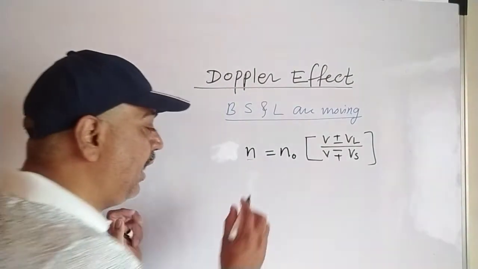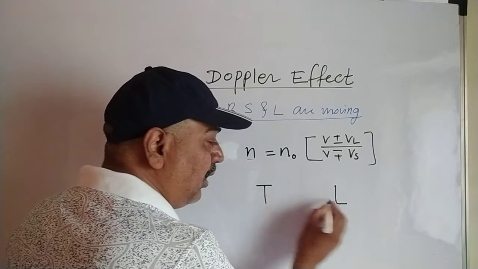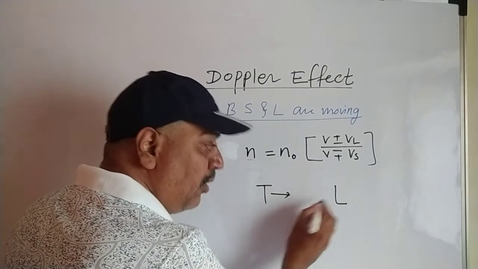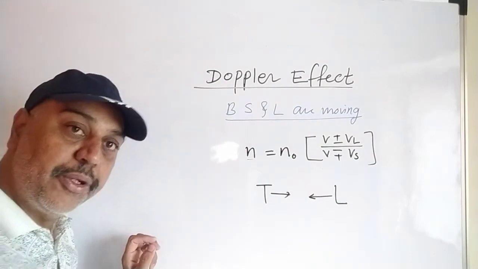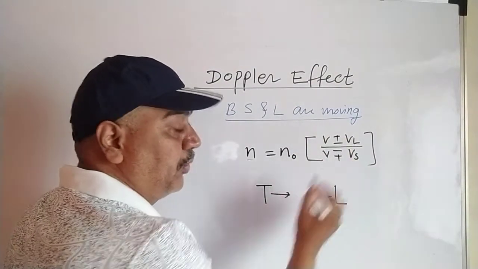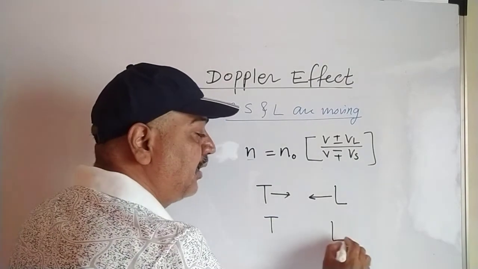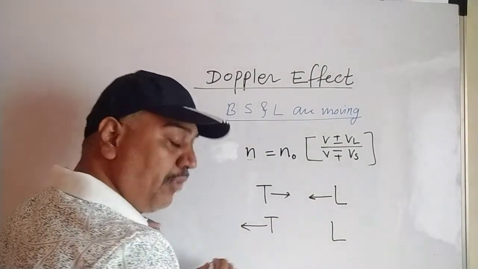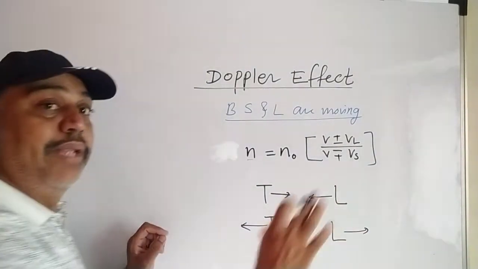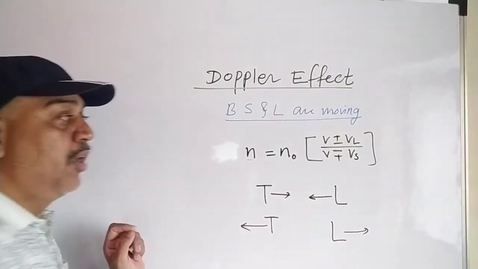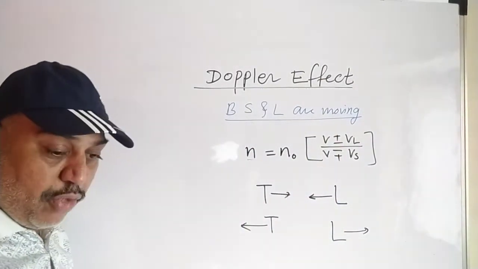If the train is moving toward a listener, or the listener is moving toward the train, or both are moving toward each other, then the upper sign should be used. The lower sign is used if the train is moving away from the listener, or the listener is moving away from the train, or both are moving away from each other. This point is to be remembered.